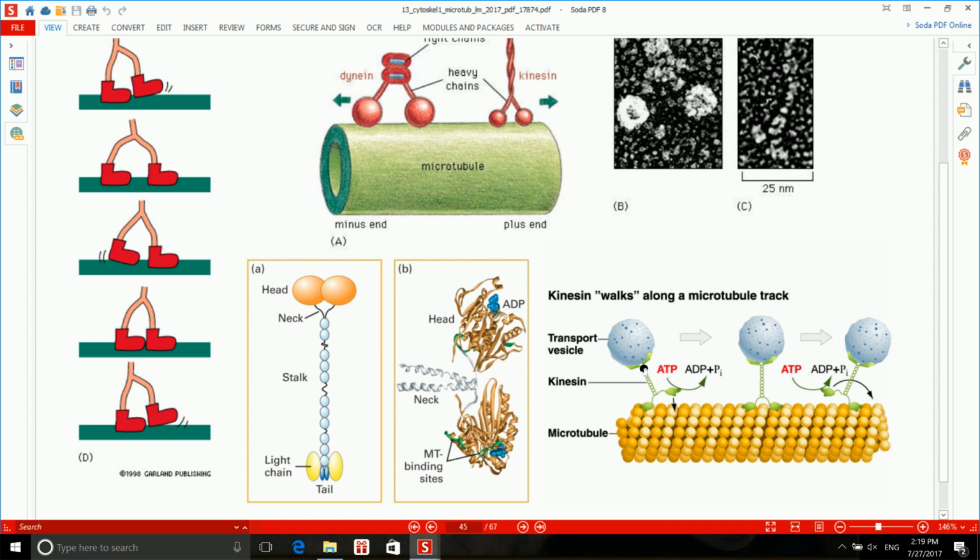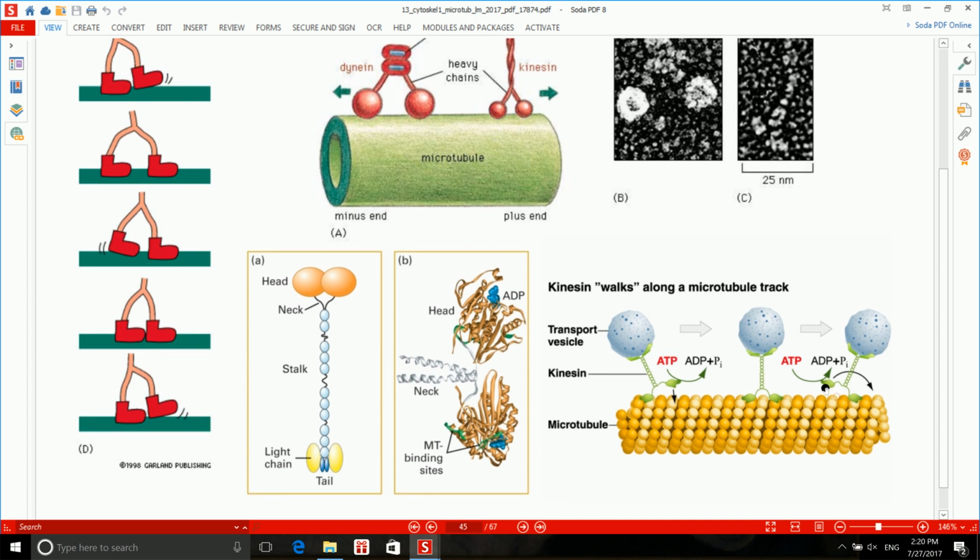So the way they move is that one leg is attached to the microtubule, and that is when the other leg is detached, and when the other leg is attached, the opposite leg will be detached. So they are walking. You cannot have a moment in which both of these legs are detached from the microtubule.